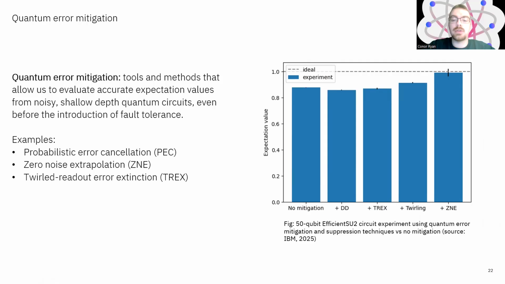Depending on what the noise is, each method will have its own benefits in terms of what it can mitigate. They won't each work equally. Some will be better, some might not have such a large effect. As you can see here, dynamical decoupling and twirled readout error extinction don't really do a whole lot and in fact decrease the expectation value, whereas zero noise extrapolation brings you almost to the ideal case.